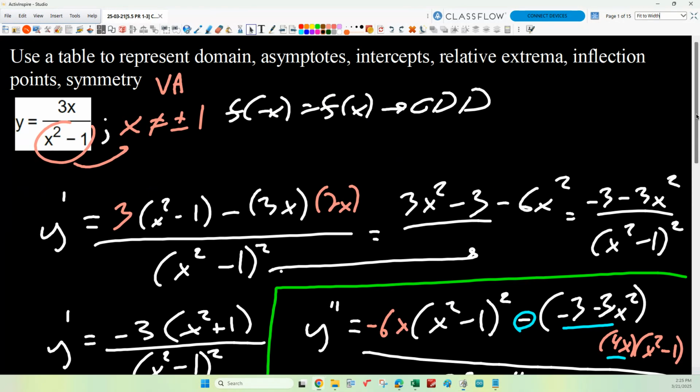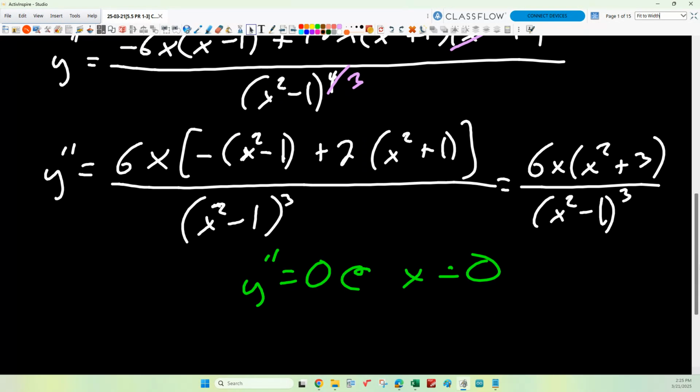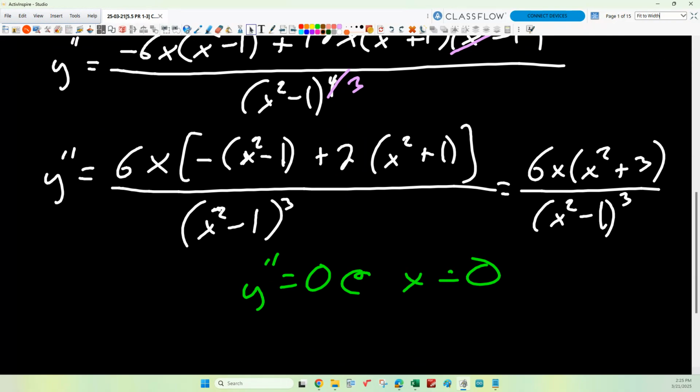Okay, so we were checking the second derivative at negative 1/2 and positive 1/2. Well, what's going to happen? At negative 1/2, that's going to be negative, positive. What about the bottom? Negative, yeah. So negative over negative is positive.